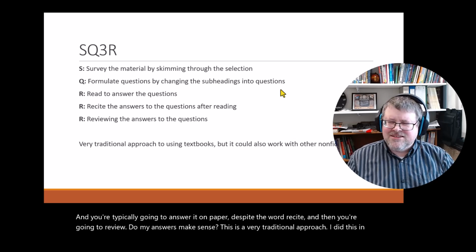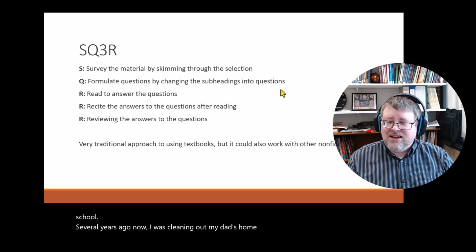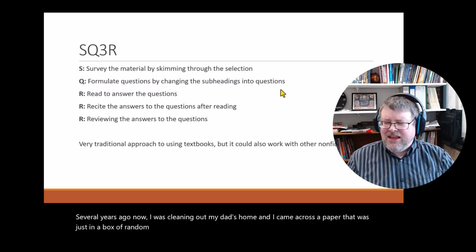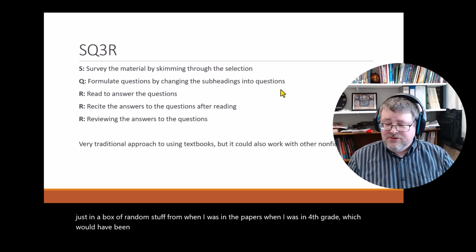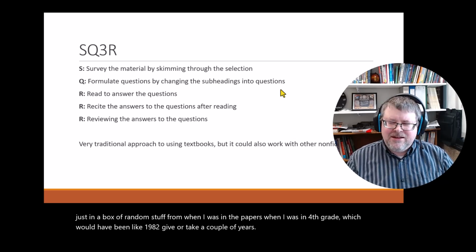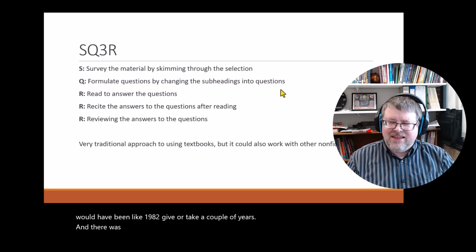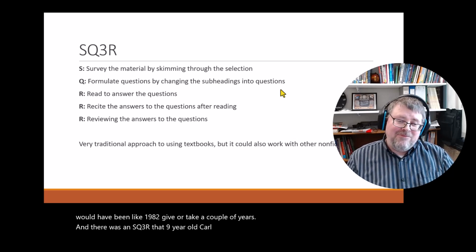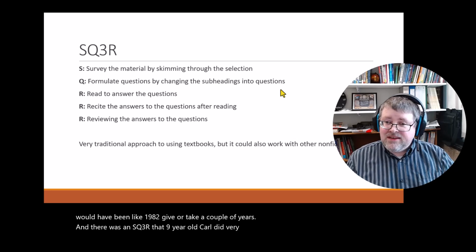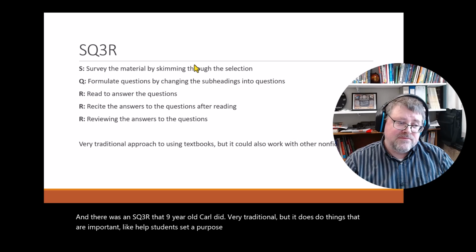Several years ago now, I was cleaning out my dad's home, and I came across a paper in a box of random stuff from when I was in 4th grade, which would have been like 1982, give or take a couple of years. And there was an SQ3R that 9-year-old Carl did. Very traditional, but it does do things that are important, like help students set a purpose for reading.